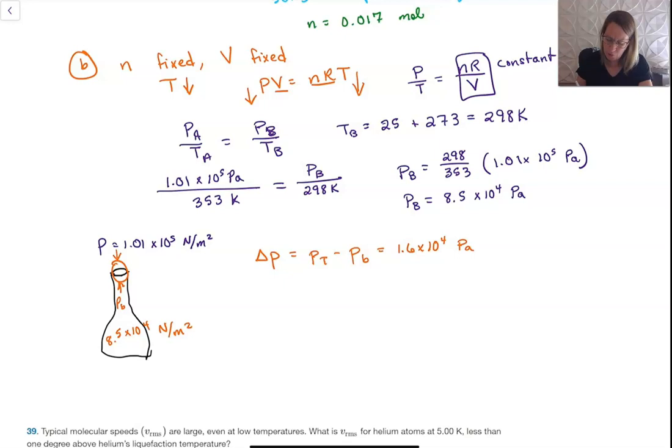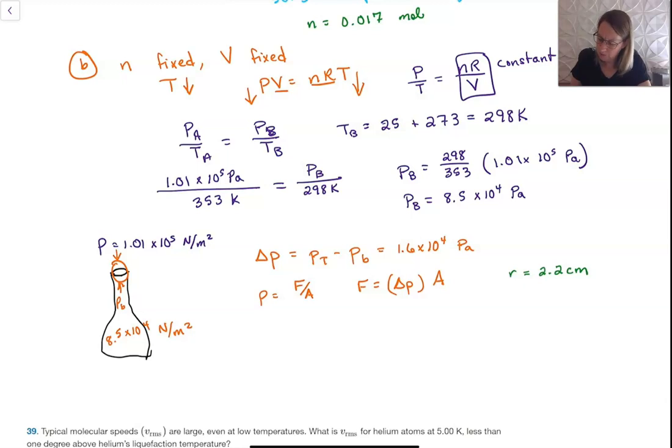To find the force, I remember pressure is force over area, so this net downward force would be my net pressure times the area. I look up the radius of an Erlenmeyer flask, and I find it's about 2.2 centimeters. I don't know which Erlenmeyer flask, but that seems about right for an egg to sit in.